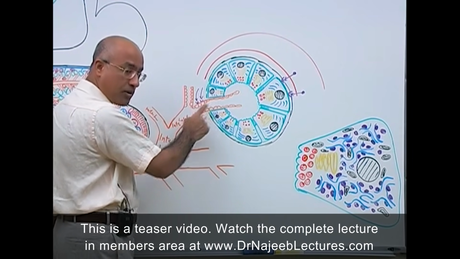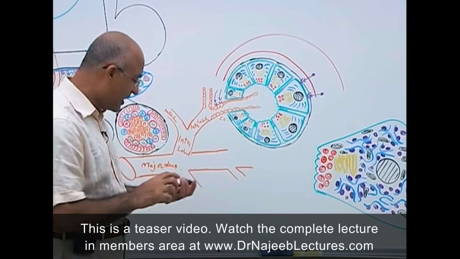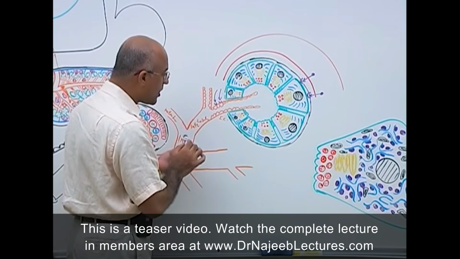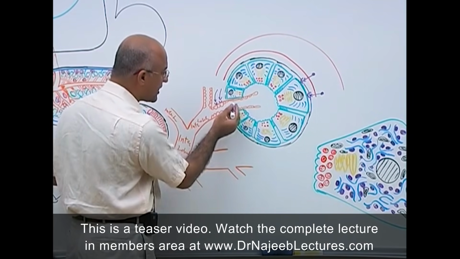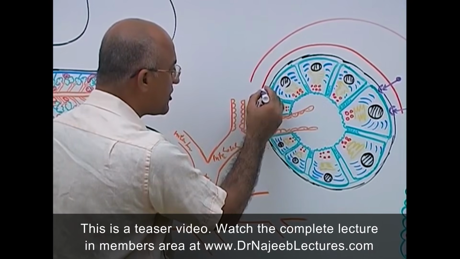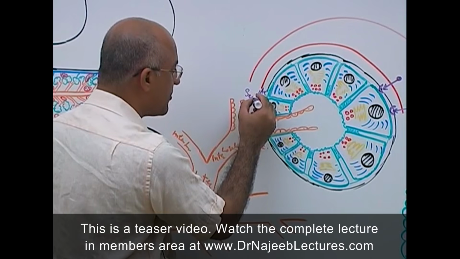You know why? Because they secrete bicarbonate ions, right? Intercalated ducts are responsible to release what? Bicarbonate ions. If the cells of the intercalated ducts are stimulated either by acetylcholine or by secretin.